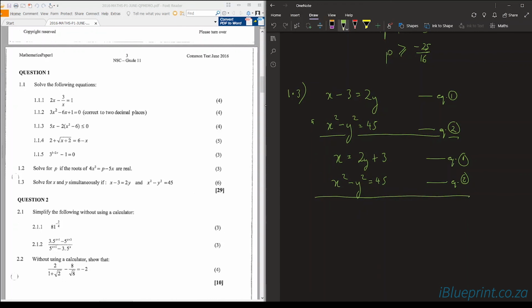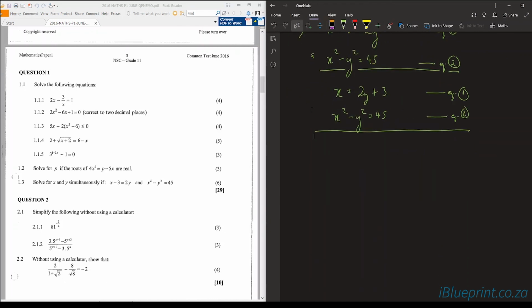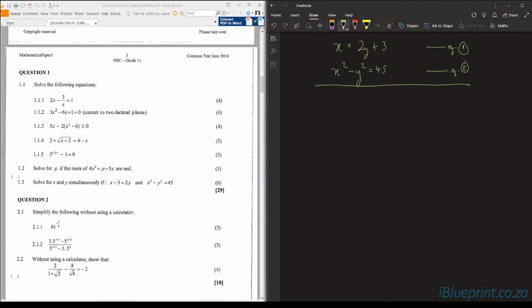Now, what we're going to do is put equation 1 into equation 2. So 1 into 2 gives us equation 3. Substitute x is equal to 2y plus 3 into this equation. Then what do we get? We get 2y plus 3 the whole squared minus y squared is equal to 45.